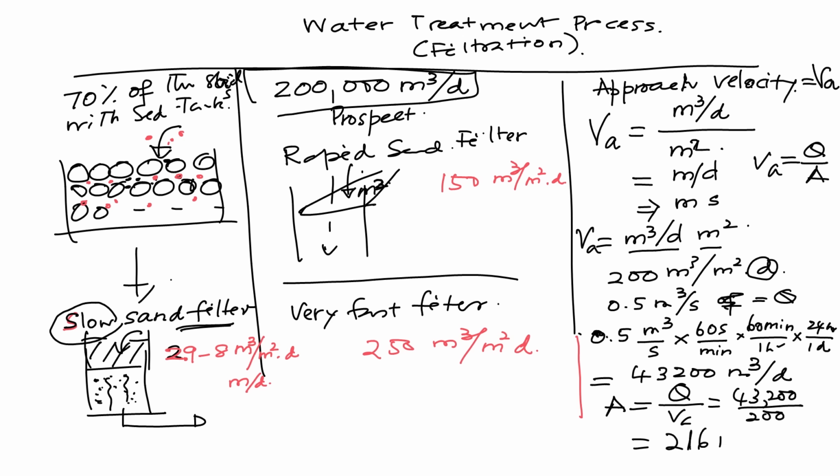That will give you 216 meter square. Usually the filters are designed to get about 100 square meter. So we design to get 100 square meter of filter. I can have 2 filters. If I have 2 filters, then is that sufficient or not sufficient?